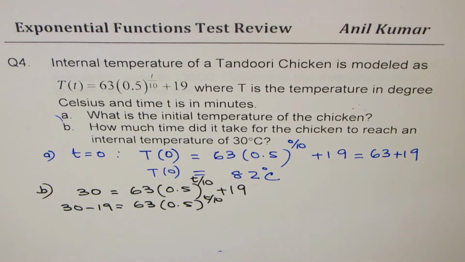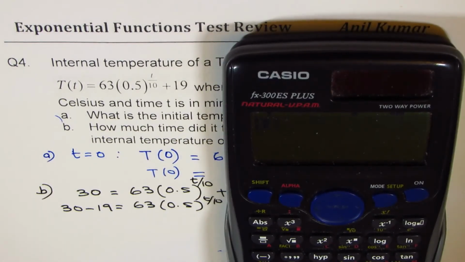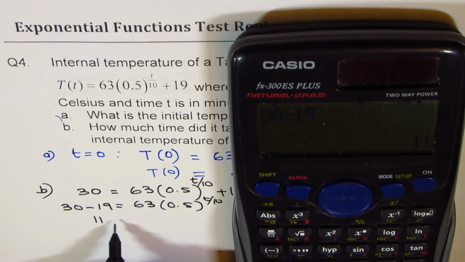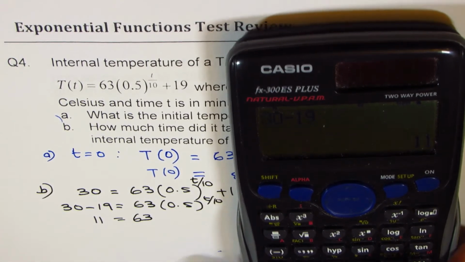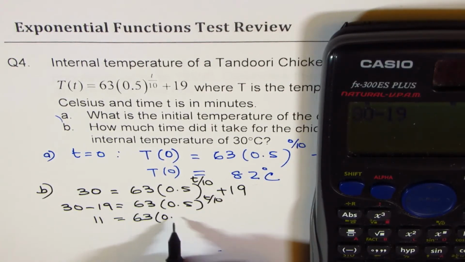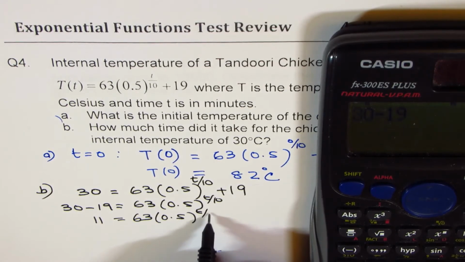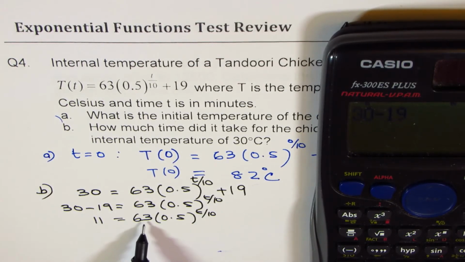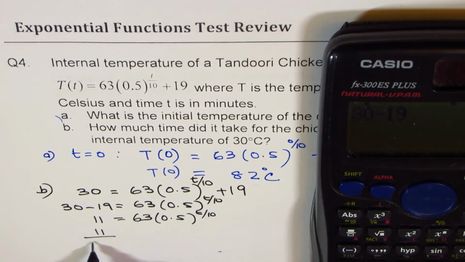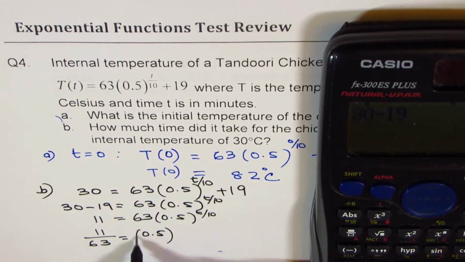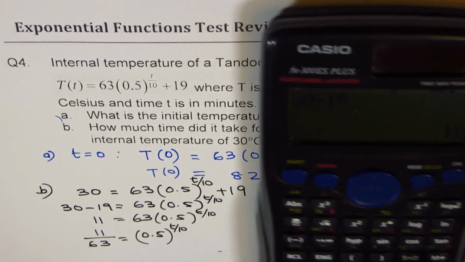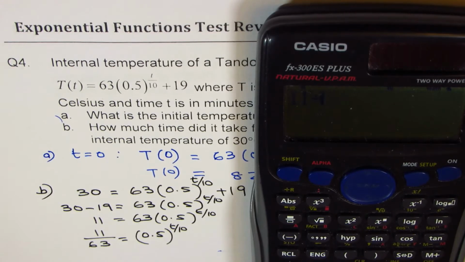Now, let's use the calculator. 30 minus 19 is equal to 11. So we get 11 equals 63 times 0.5 to the power of t over 10. Now we are going to divide by 63. So 11 over 63 equals 0.5 to the power of t over 10. What is 11 divided by 63 in decimals?